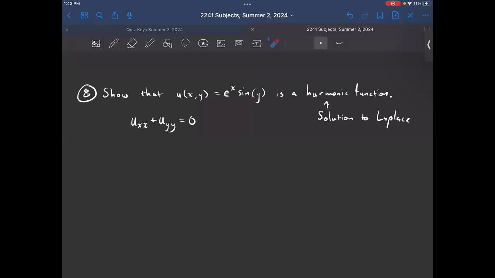Okay. And while we're looking at this, what this means essentially is that if you look at the derivative in the x direction and in the y direction here, they should sort of be opposite to each other. And the second derivative measures essentially the concavity of a function, if you remember that from Calc 1.